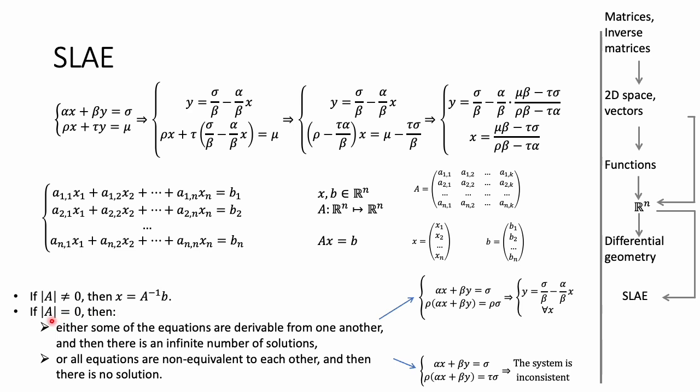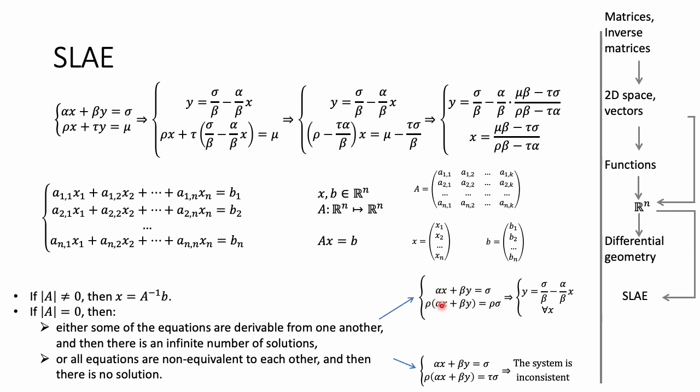If the determinant is indeed equal to 0, then there are two subcases, just the same way as in the previous slide. Either some of the equations are derivable from one another, so they're redundant. They encode the same information. Assume that the first equation is alpha times x plus beta times y equals sigma, and the bottom equation is just the same, but with both sides of the equation multiplied by rho.